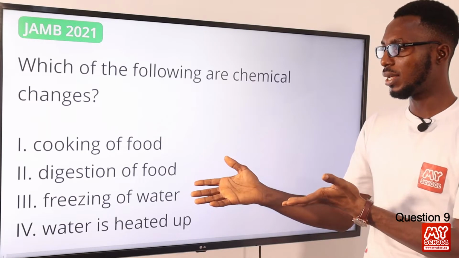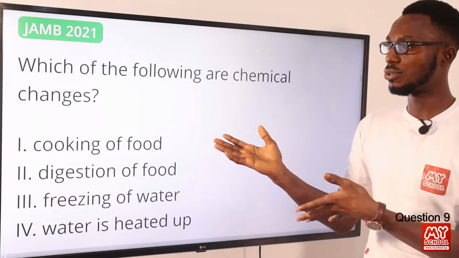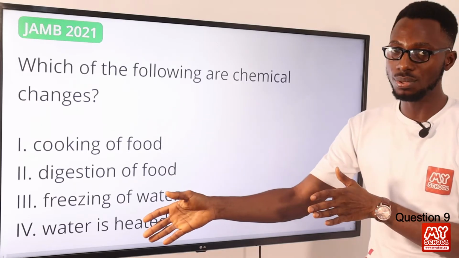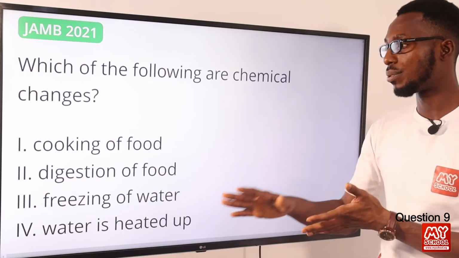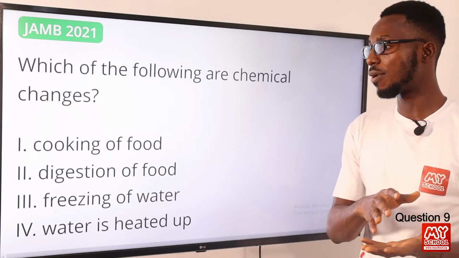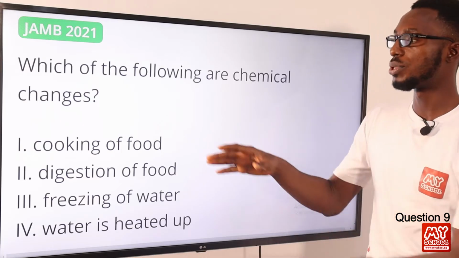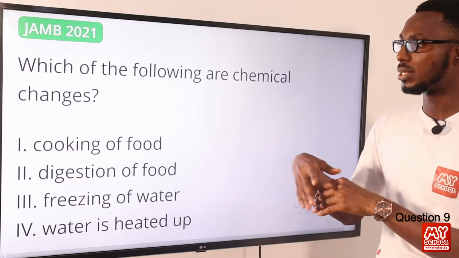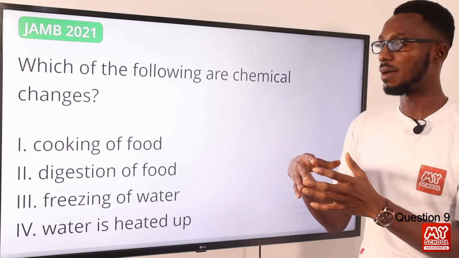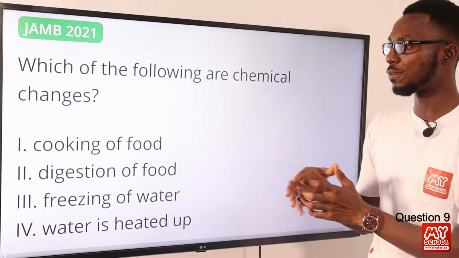So I think I've differentiated between physical change and chemical change with some examples based on the provision we have here. Freezing of water and water being heated up are very good examples of physical changes. For chemical changes, you can see cooking of food. There's a breakdown and new substances are formed. Then you look at digestion of food.